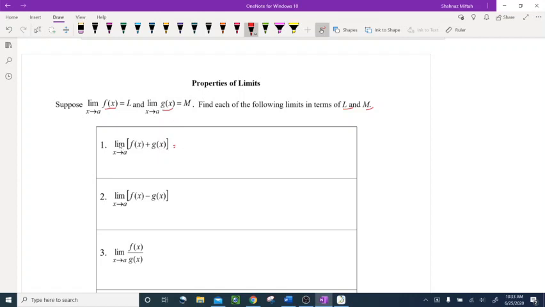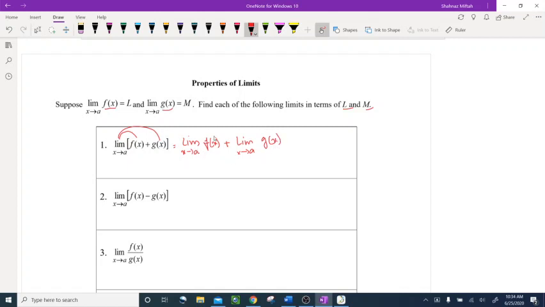If that's the case, then the limit as x approaches a is like a distributing property. The limit distributes across both of these functions, and that's how I'm going to write it: limit as x approaches a of f of x plus limit as x approaches a of g of x.